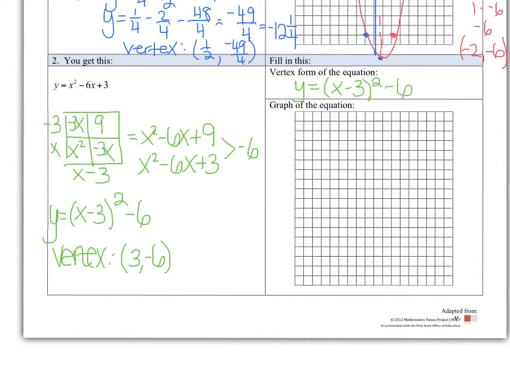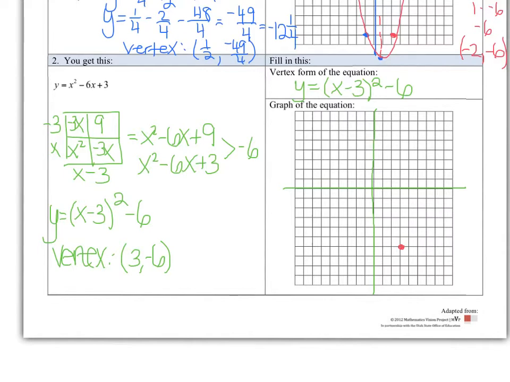And if I draw a graph, again, I apologize for the lack of straight lines. I'm going to draw my vertex in at 3, -6. So I'm going to count 1, 2, 3, and down 1, 2, 3, 4, 5, 6. So we have our point at 3, -6.